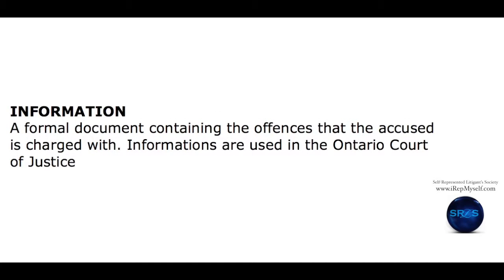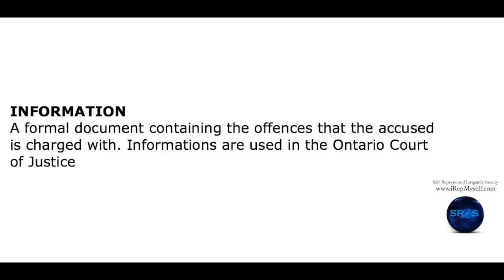An information, on the other hand, is a formal document containing the offenses that the accused is charged with. Informations are used in the Ontario Court of Justice and typically for summary offenses, although when a charge starts out, it starts out on what's essentially referred to as an information. That is in this criminal spectrum of documents.